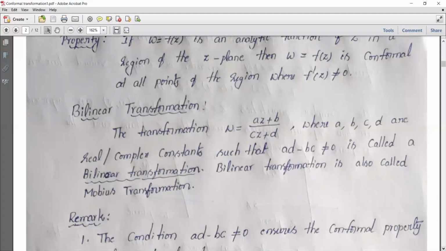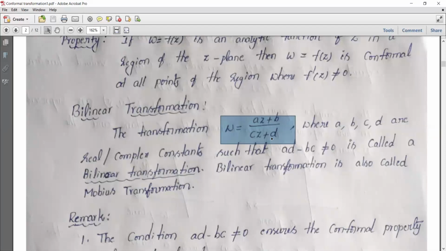It has a fixed structure, that is the transformation W is equal to AZ plus B by CZ plus D. What is the transformation here? We assumed W is equal to AZ plus B by CZ plus D. Here A, B, C and D are real or complex constants.